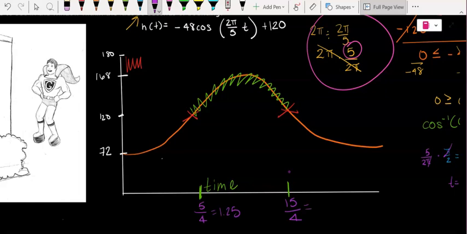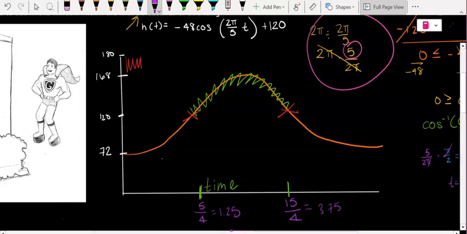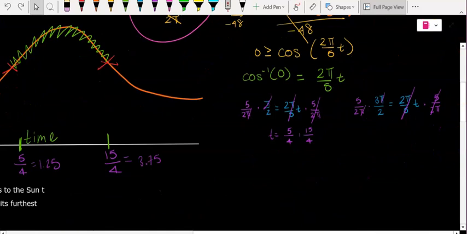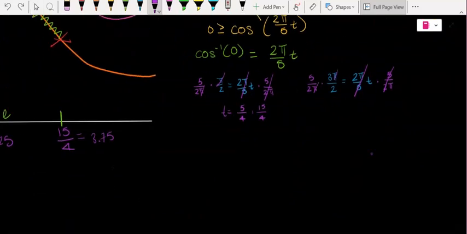And then the 15 out of 4, that's going to be equal to 3.75. So that's what we're saying, is that between 1.25 seconds and 3.75 seconds is when he can see inside the window. So that's our first interval, and so then we're going to find all of the rest of our intervals. So I'm going to go ahead and do that.